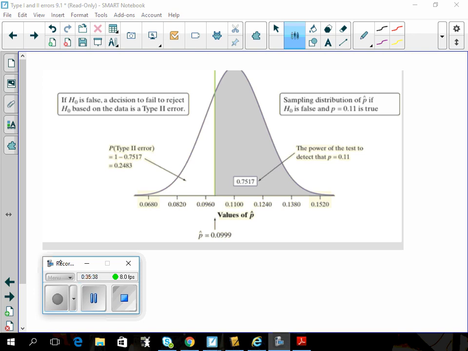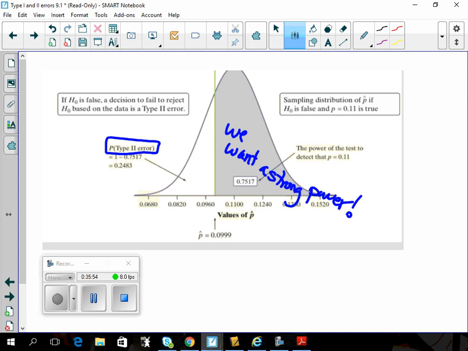So we want this line here to slide to the left a little bit so our power is strong. We want a strong power. That's a correct decision. We want the probability of a type 2 error to be small, right? Although 0.2483 is pretty big, so we don't want that. I already told you you're never going to have to find that on its own, right? I hope I told you that.